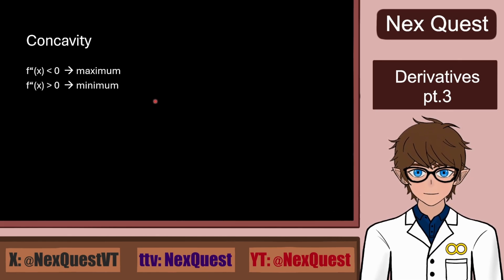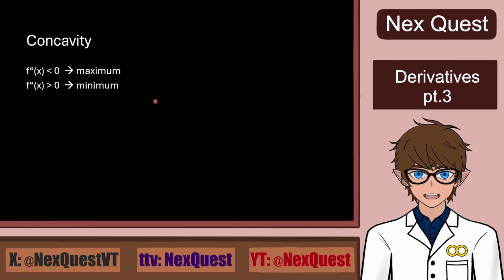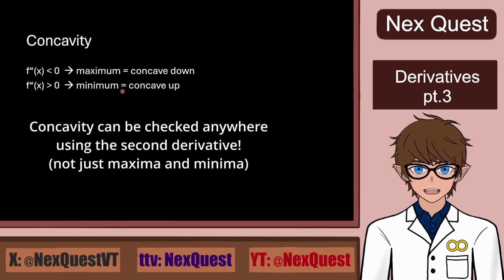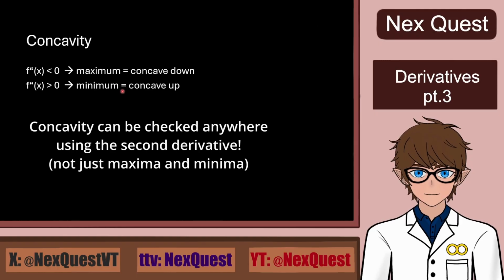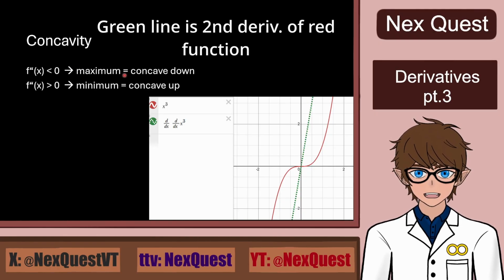Meaning, if it's U shape, so the hole part is facing up and the bend is facing down, that's a minimum because the lowest point is facing down. So the second derivative greater than 0 gives us a minimum, meaning it's concave up, because that's where the hole is facing. While we have a maximum, it's concave down because the hole is facing down.